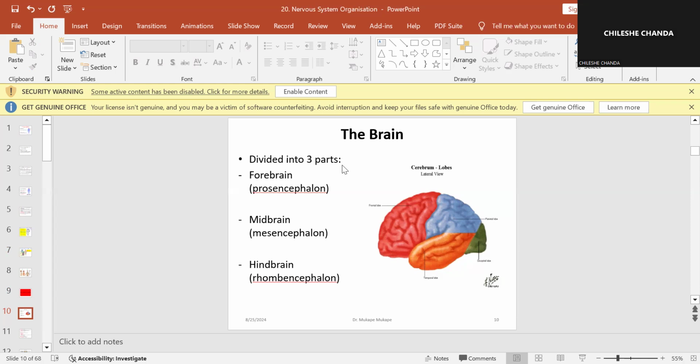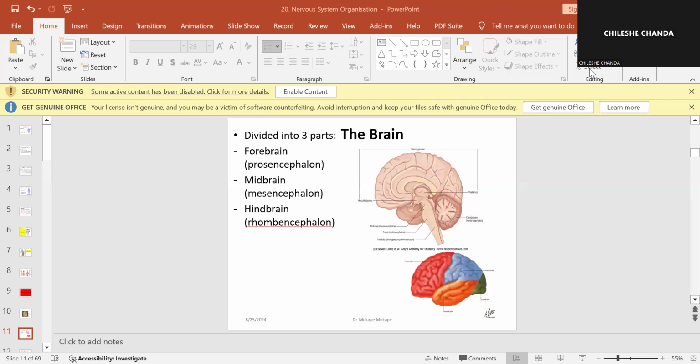We have the forebrain, okay? We have the midbrain. The forebrain is made up of the two hemispheres of the brain, and this is also known as the prosencephalon.